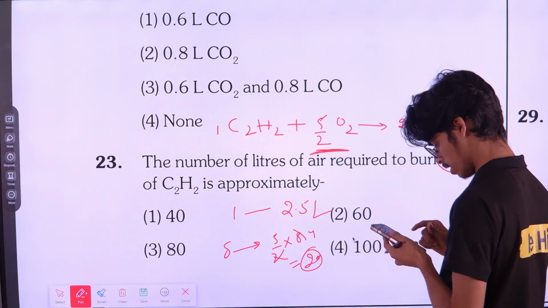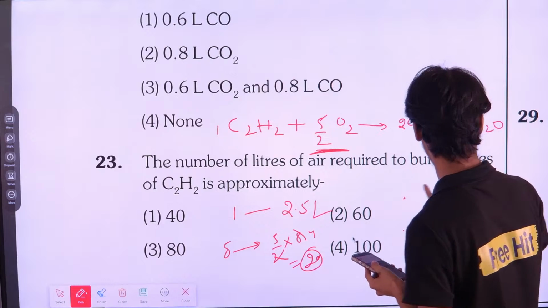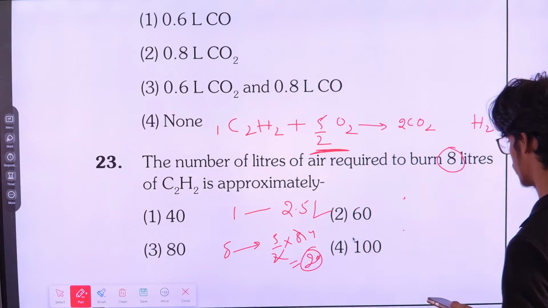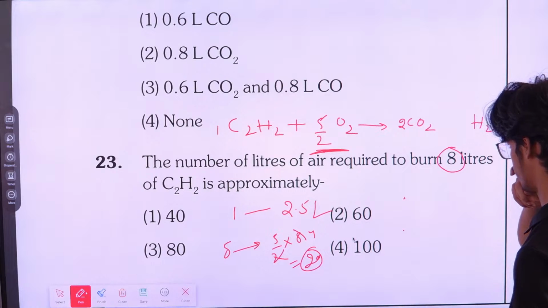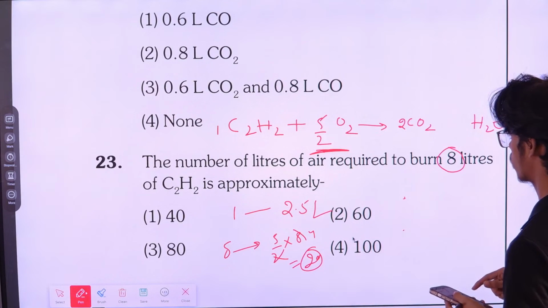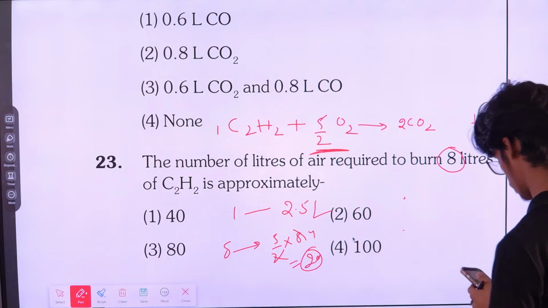Can you guys point out? Option number 4, option number 4, you are writing. The number of liters of air required to burn 8 liters of ethene is approximately how much? 8 into 2.5, but I am getting some other answer. Am I confused? Can you guys point out quickly? Wait, let me check.